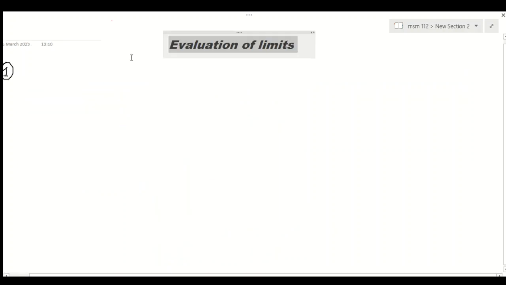Alright, Team Rare. So in this tutorial, I'm going to solve questions on limits under the topic evaluation of limits.